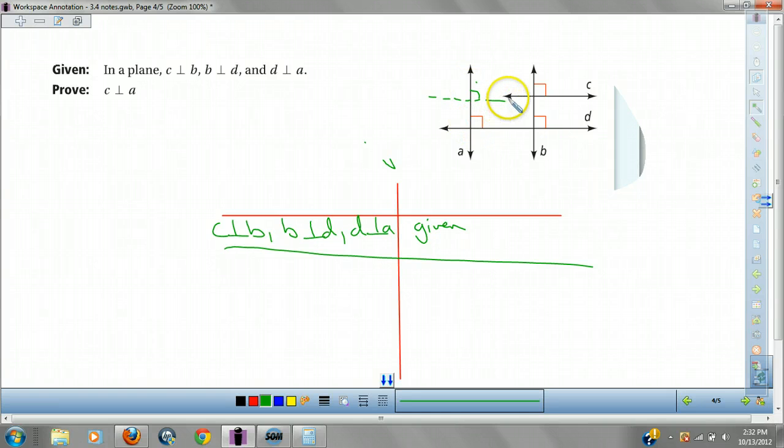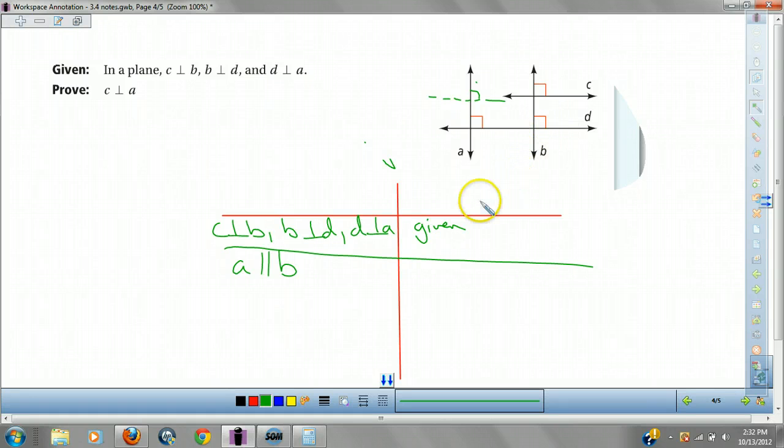Okay, there's two routes to take. In your book on page 166 is one way, and I'm going to show you guys another way, so you have two different ways. First thing I'm going to do is say A is parallel to B, because both these angles are congruent.